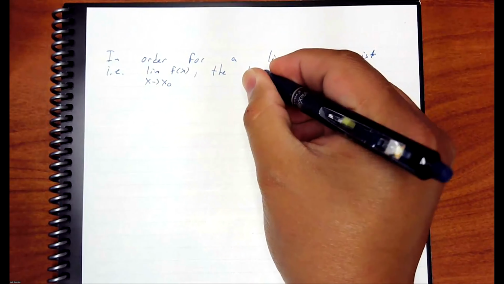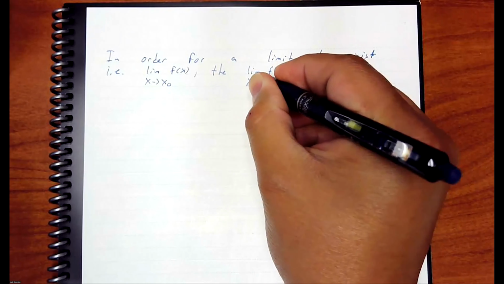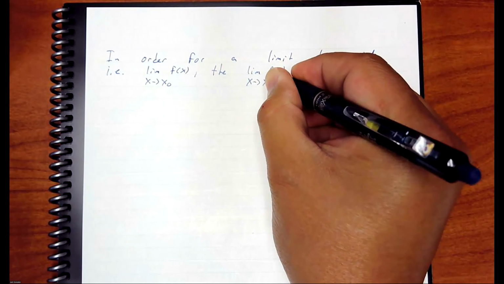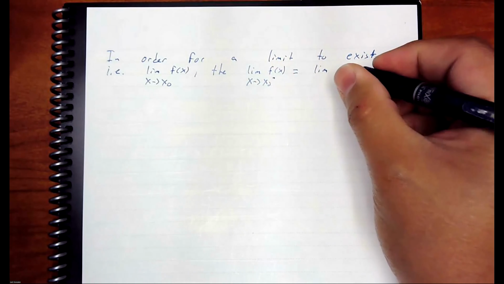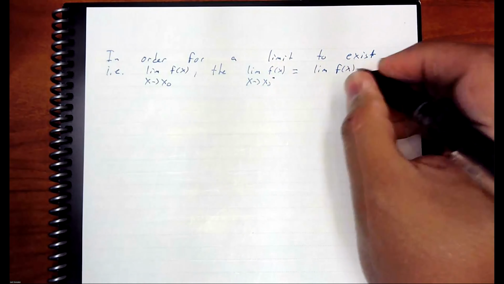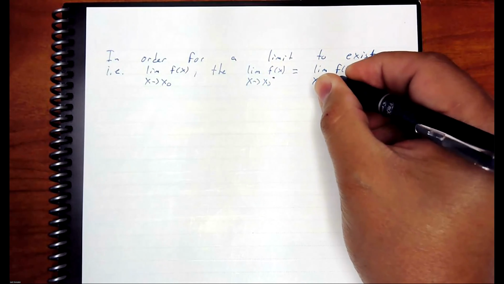The limit from the left must equal the limit from the right. That's it. If they don't, you say it does not exist.